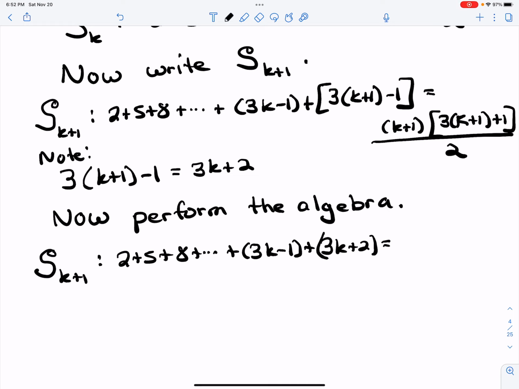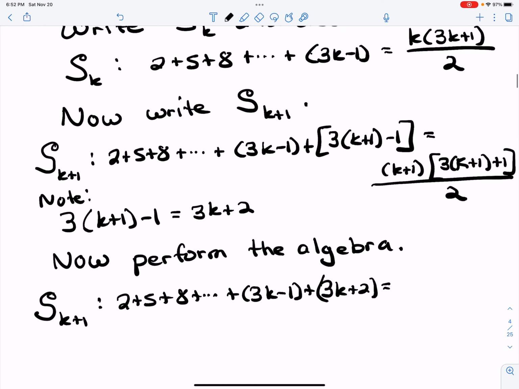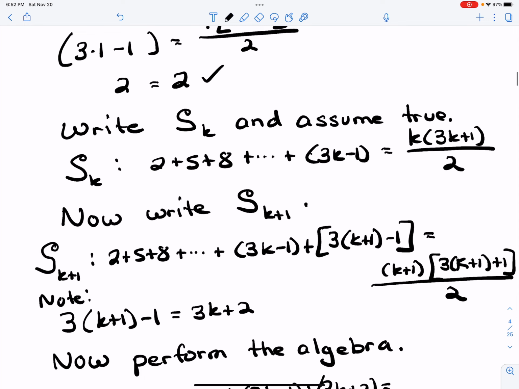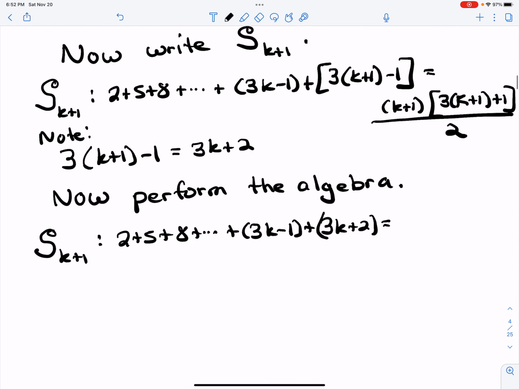So then on the right, we can take what we had originally on the right, k times 3k plus 1 over 2, and also add 3k plus 2.